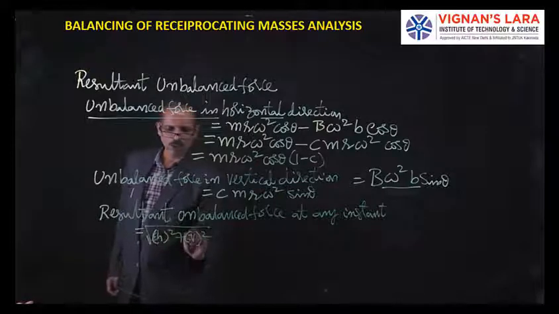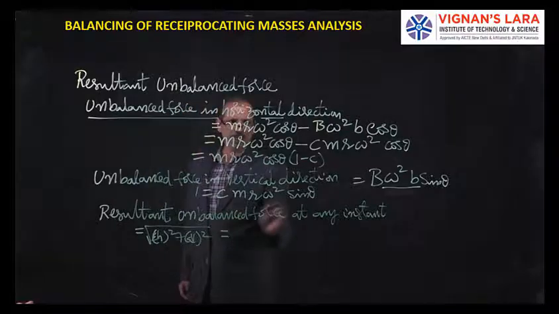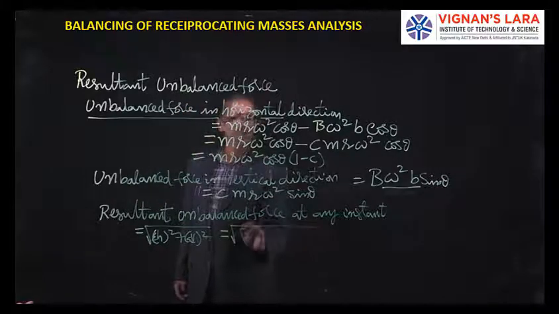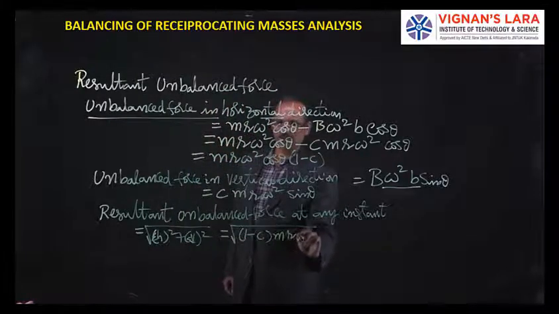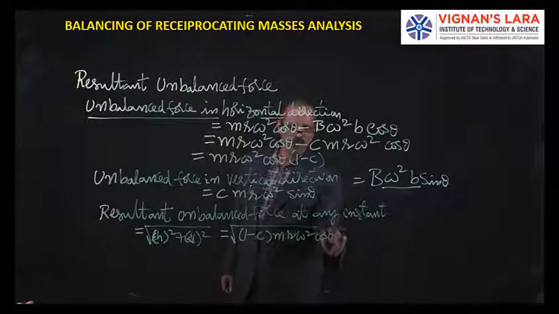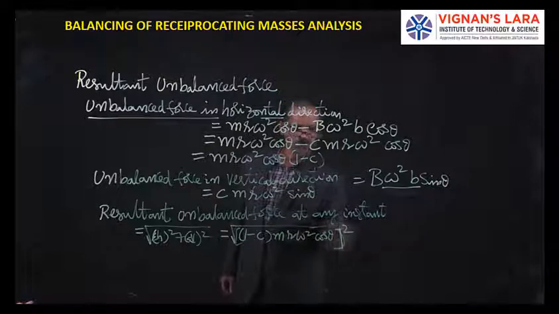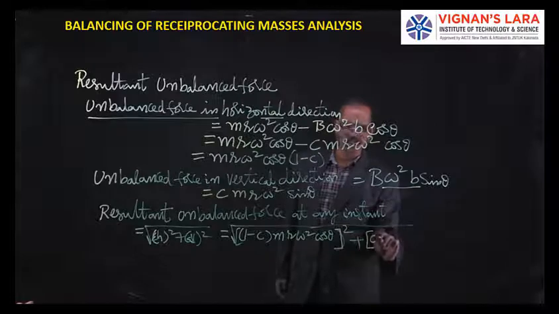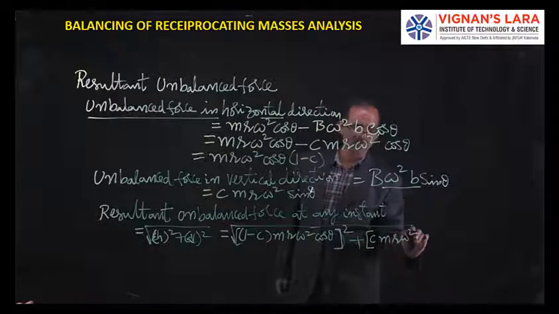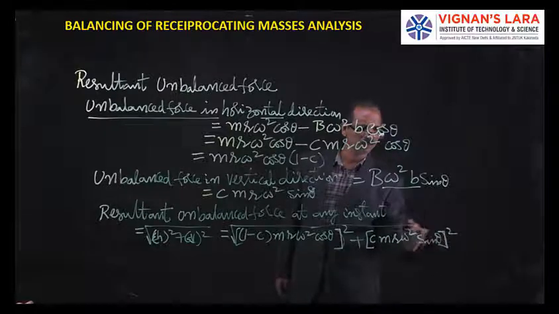What is the horizontal force? Unbalanced, that is (1 minus c) mr omega square cos theta, whole square, plus c mr omega square sin theta, whole square.